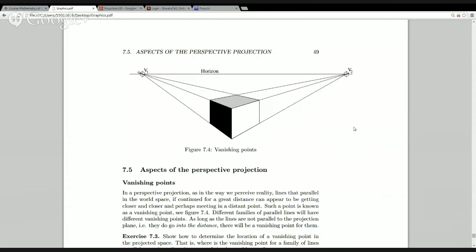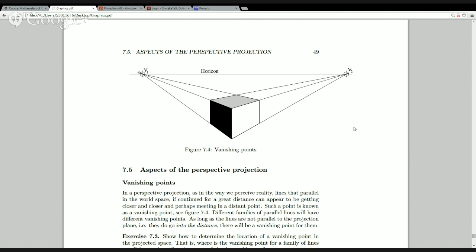Similarly, you can do the calculation for the y coordinate, but you can kind of guess what it has to be. Similarly, the limit as mu goes to infinity of r prime y is going to be f h_y over h_z. I mean, it has to be. But you can follow through the same kind of calculation here, and you'll see that.